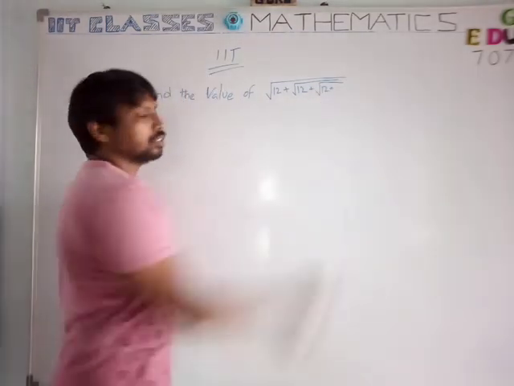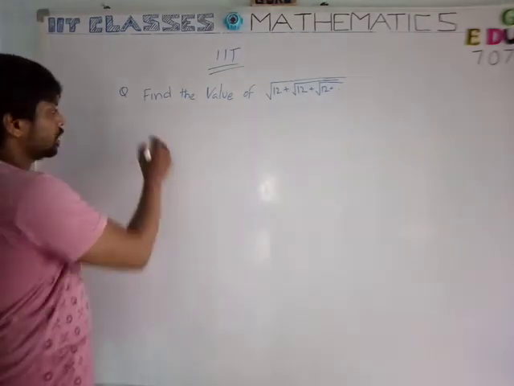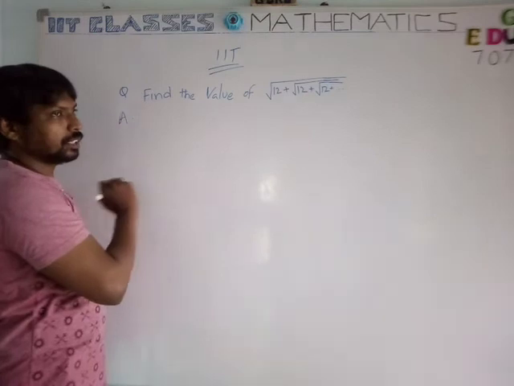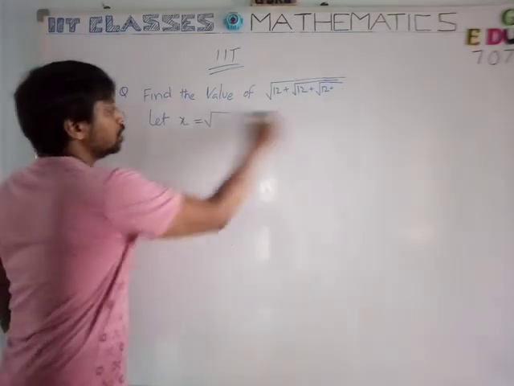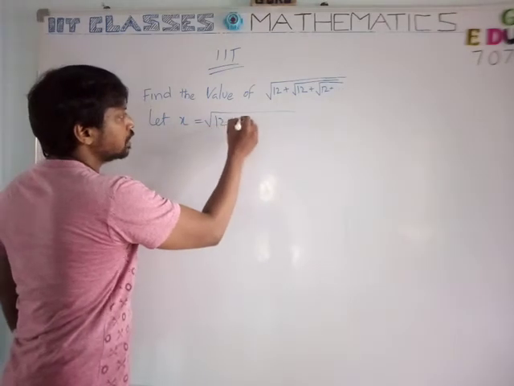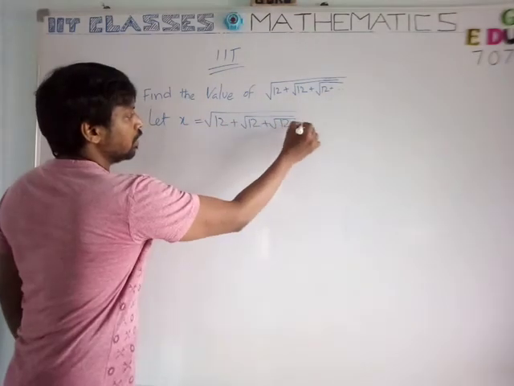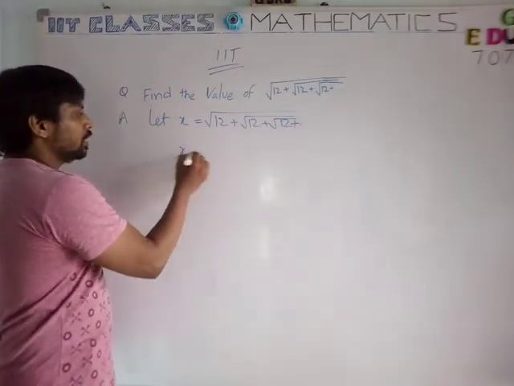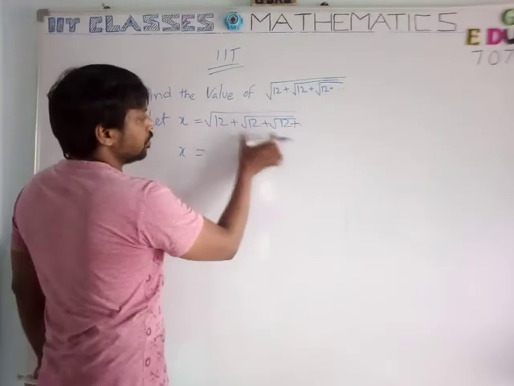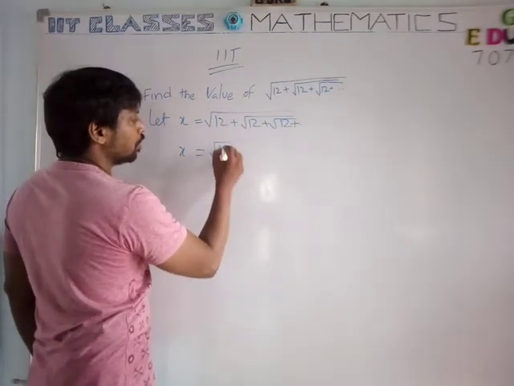So this is also repeated endlessly, same as the previous sum. Let's say x equal to root over 12 plus root over 12 plus root over 12 and so on. Here this part is the repeated value, so remove this and substitute x. So root over 12 plus x.